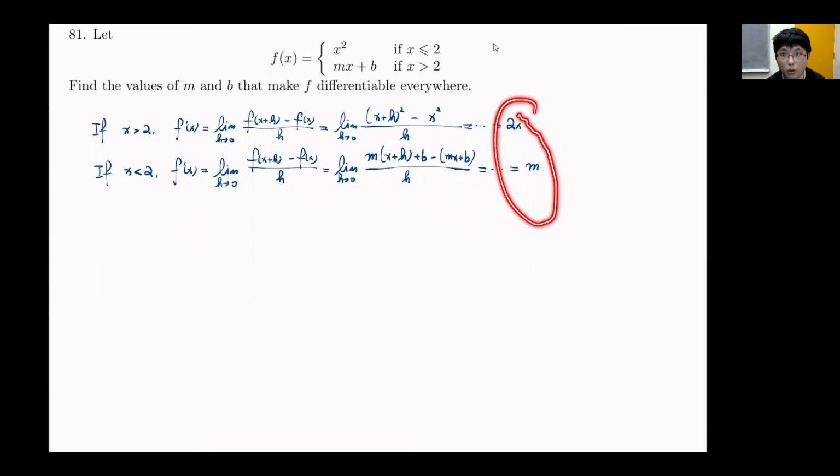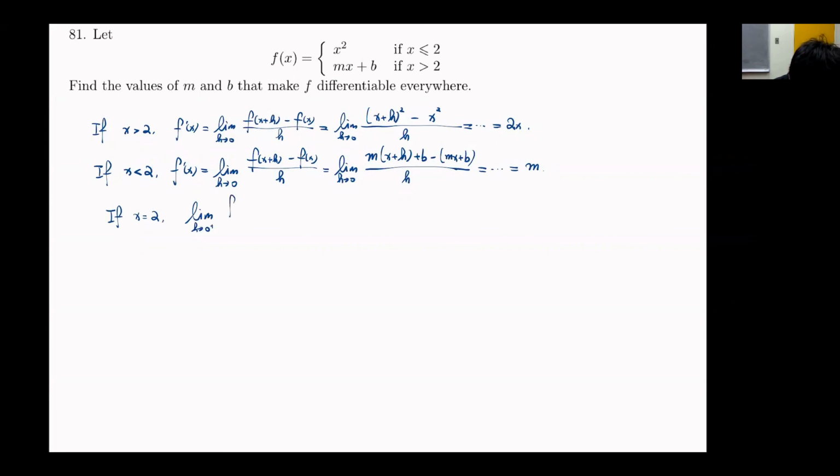And now let's look at the critical number. Okay, so let me use two methods as we introduced before to analyze the derivative at the number 2. So for the first method, if x equals 2, let's look at the right-hand limit of f of 2 plus h minus f of 2 divided by h.